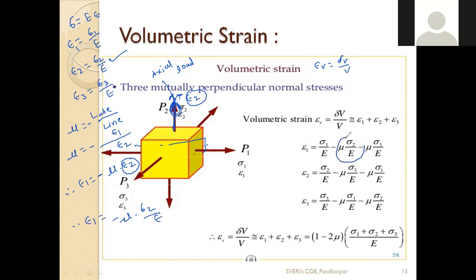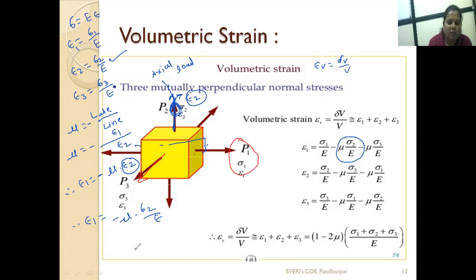Now we will discuss plane 3. Load is applied along plane 3, and we have to check the effect on plane 1. Now you tell me, for mu, which strain we will consider as linear and which as lateral, epsilon 3 and epsilon 1?